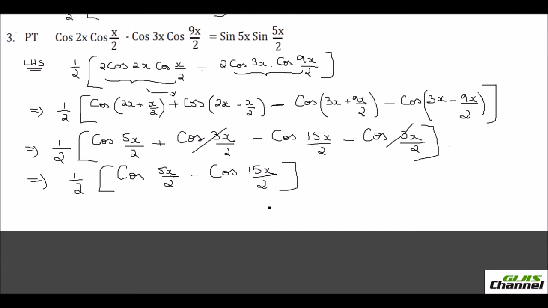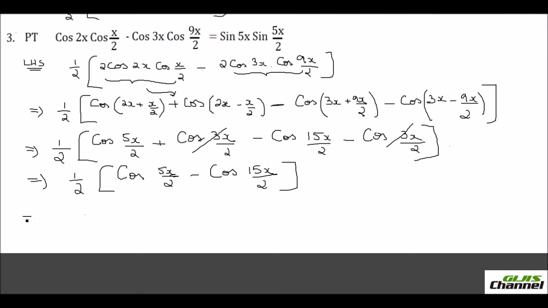Okay. Now this is in the form cos A minus cos B, right? So I can put that together. I can use the difference to product formula. Okay, I'm using that. So this is half. This would be negative 2 sine x plus y, right?